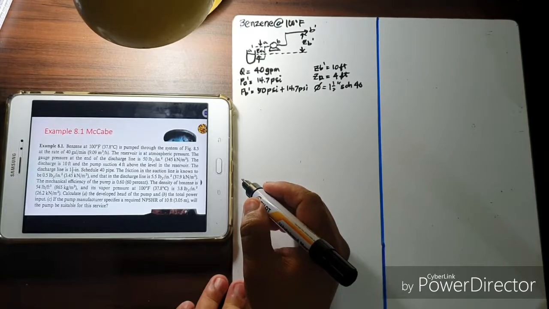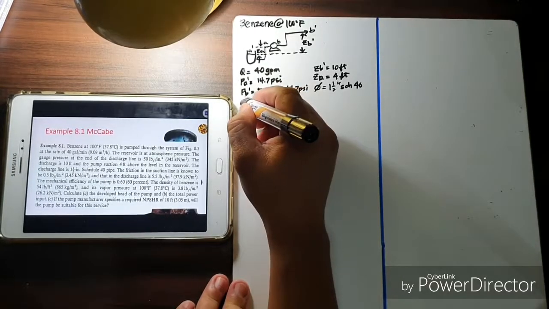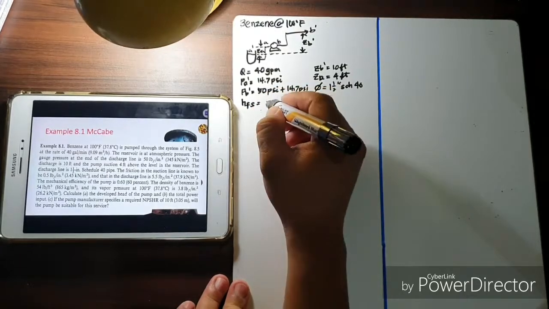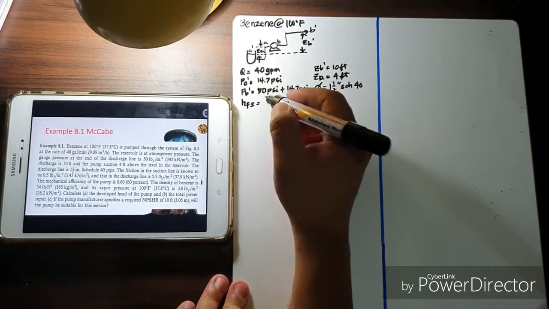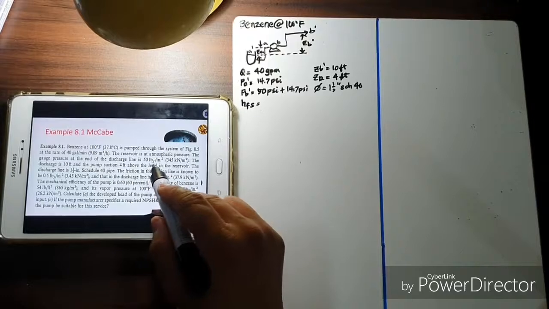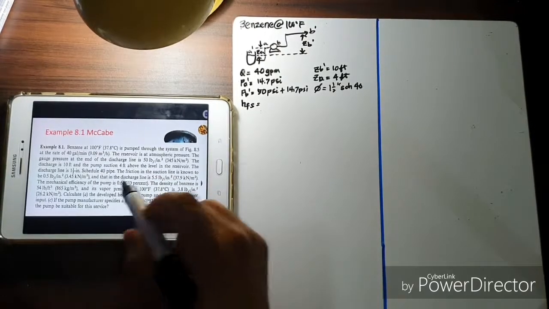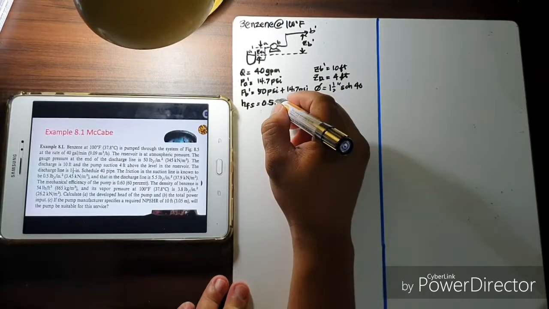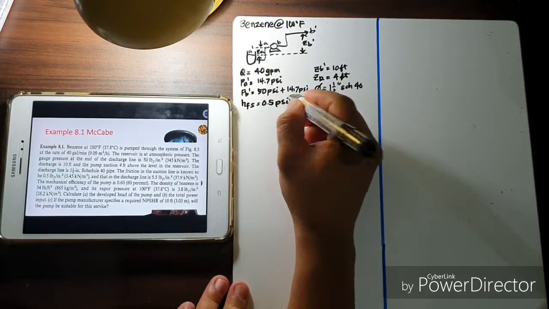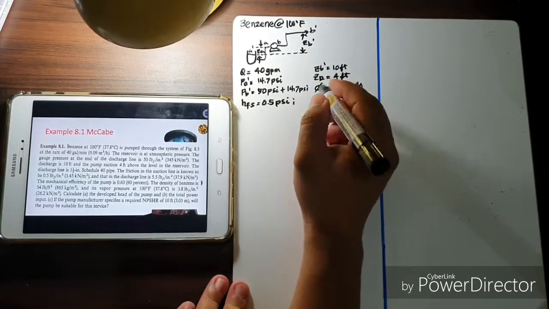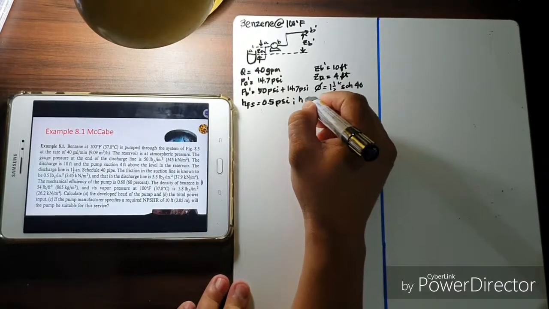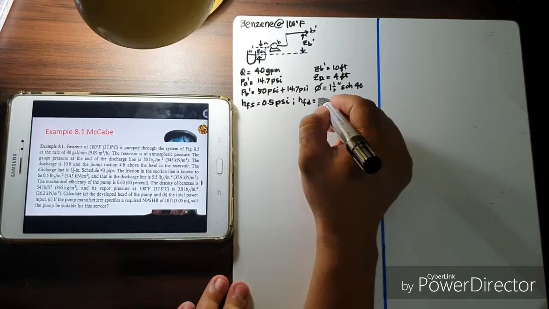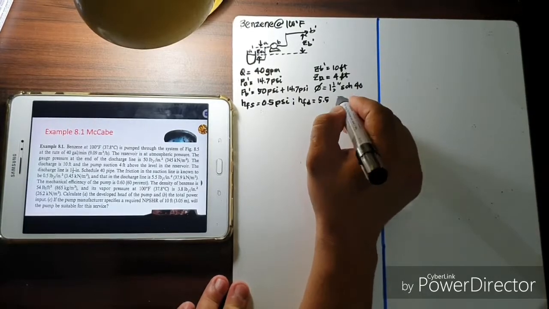The friction in the suction line, H_fs, is equivalent to 0.5 psi, while the friction losses at the discharge of the pump is equivalent to 5.5 psi.